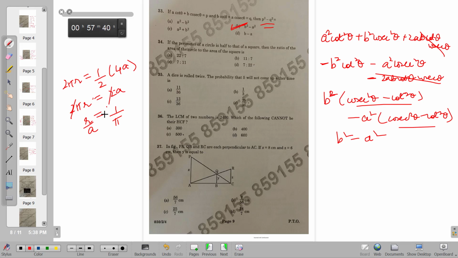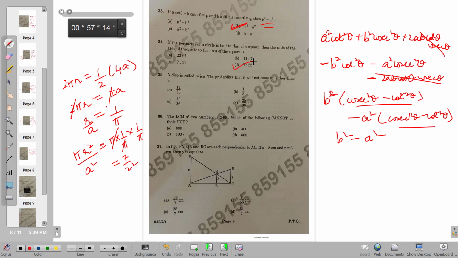Alright, now what we need to find is the ratio of the area of the circle to the area of the square. Area of circle is pi r square divided by area of square, which is a square. So this will become pi times r by a the whole square. That means 1 by pi into 1 by pi. Okay, so this is 1 by pi, which is the reciprocal of pi, or 7 by 22. Answer is option D for the 34th one.